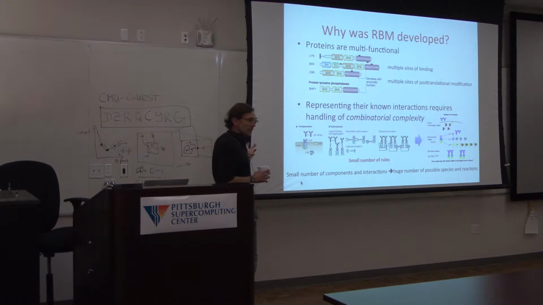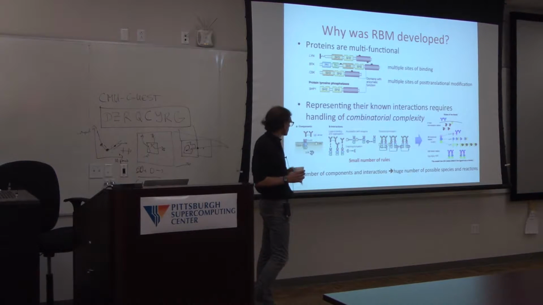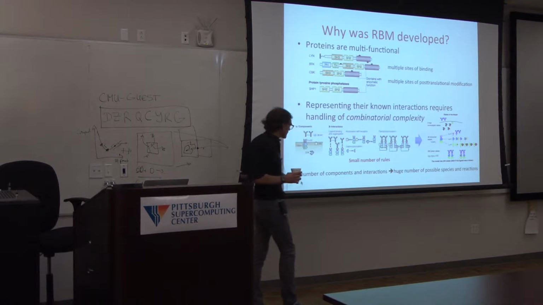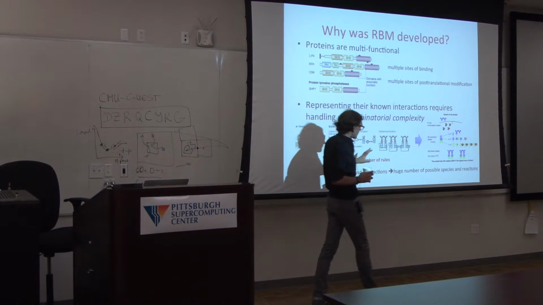And what one finds very quickly if you try to write down the models of these systems is that you can write a very simple set of rules describing a simple set of molecular interactions, and that generates a huge amount of complexity.